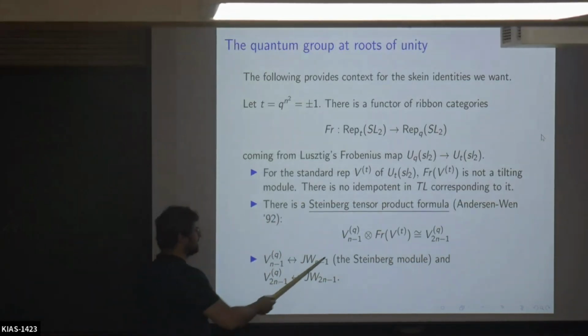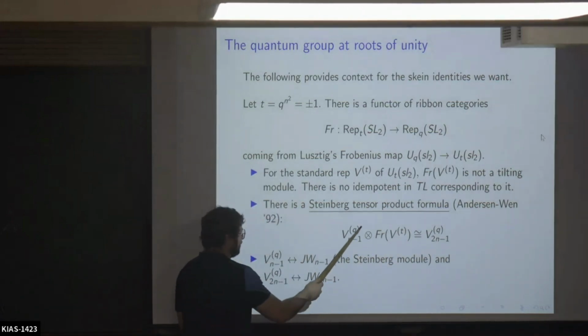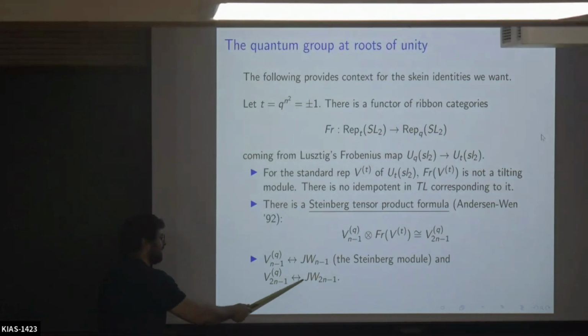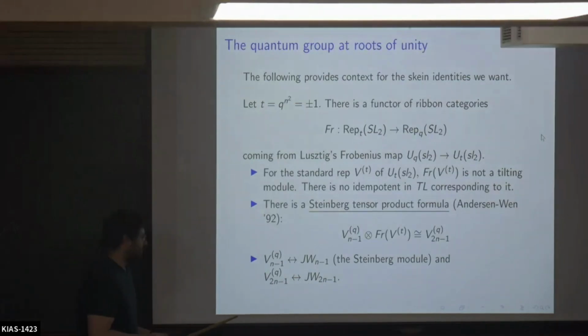And so this is an equation where this highest weight n minus 1 module corresponds to Jones-Wenzl n minus 1, and the highest weight 2n minus 1 module corresponds to Jones-Wenzl 2n minus 1. So two of the three things in this equation are things that we can depict in the Temperley-Lieb category, because they correspond to Jones-Wenzl projectors.